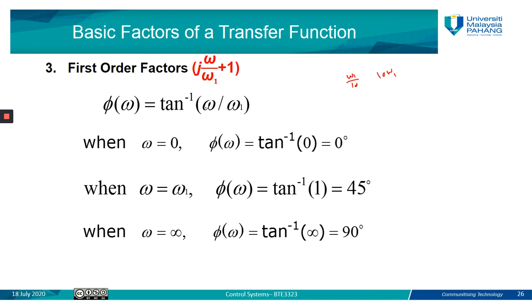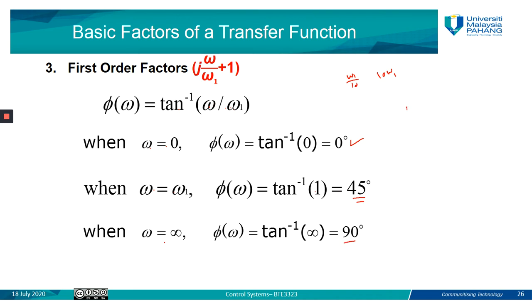If we assume omega equals 0, tan inverse of 0 over omega 1 will give you 0. If omega equals omega 1, tan inverse of omega 1 over omega 1 is tan inverse of 1, which is 45. Then if omega goes to infinity, tan inverse of infinity will be 90.